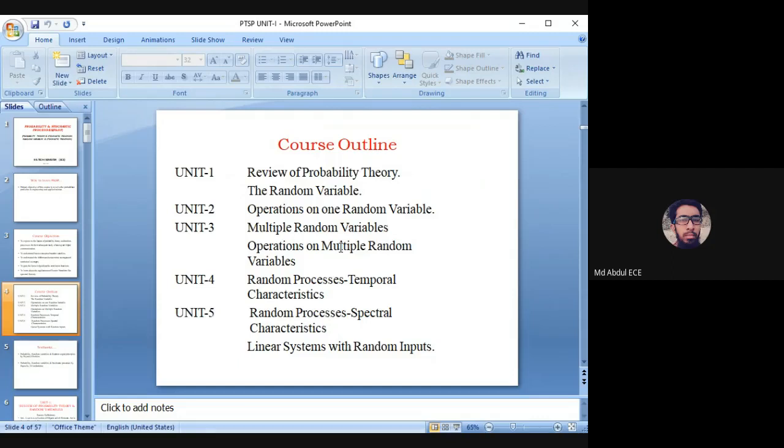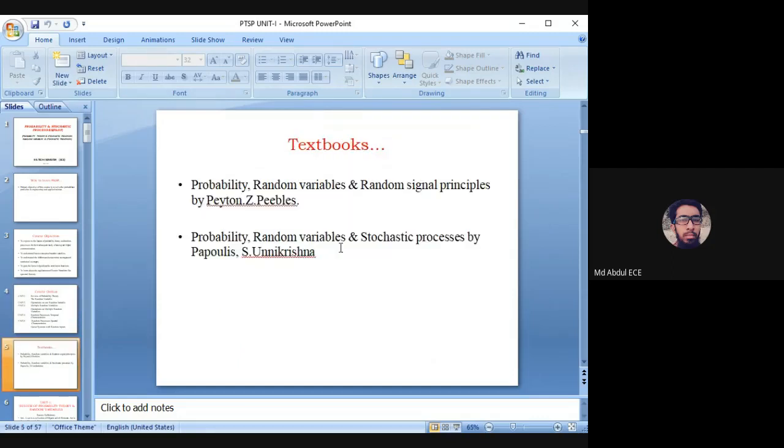Next, coming to the textbooks, these are the textbooks you need to follow. Two textbooks: one is the most popular one, that is Peebles, and the second one is Papoulis.